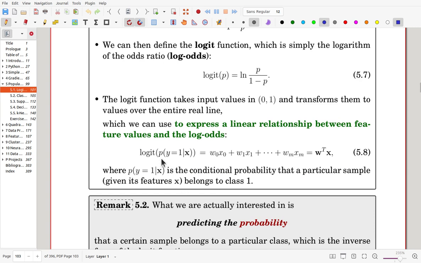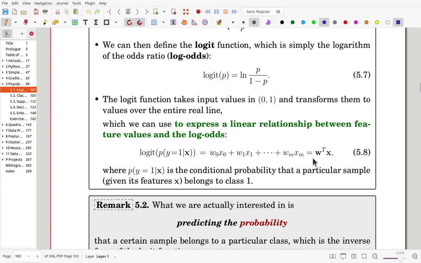The probability that x, a particular sample, belongs to class 1, we write down in this way. The logit of p is its net input. So we have this connection.